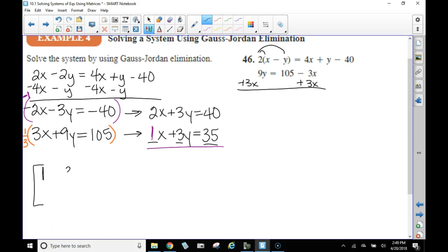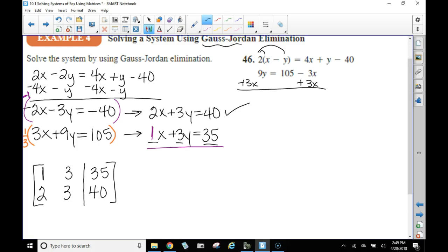That's very important. 1, 3 augmented with 35. And then my second equation, 2, 3, 40 would be the entries that correspond to that equation here. So we've got our augmented matrix set up. We're ready to do some elementary row operations.